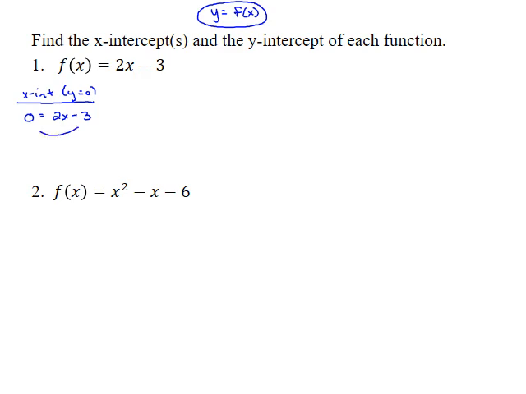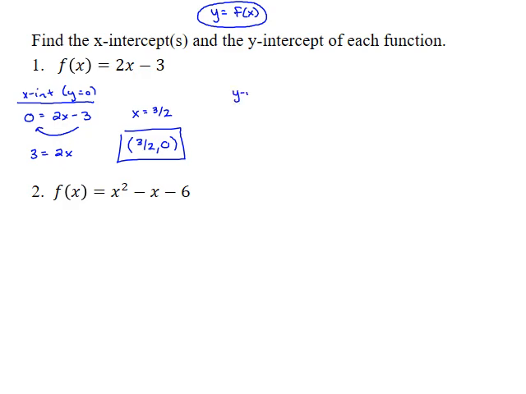If I move the 3 over to the left-hand side, 3 equals 2x. Then if you divide both sides by 2, x is equal to 3/2. In ordered pair notation, your x value would be 3/2, and we know that y is 0. That is the point where it crosses the x-axis.